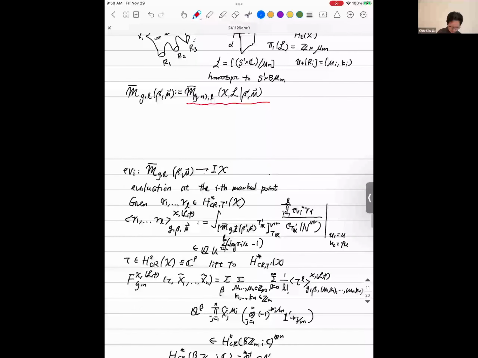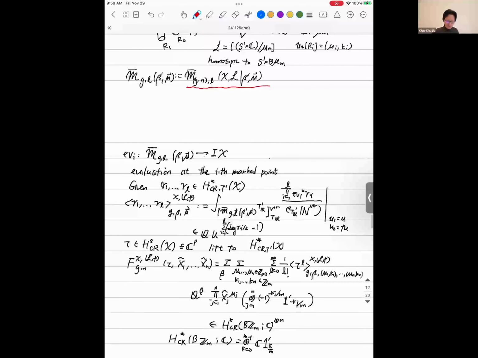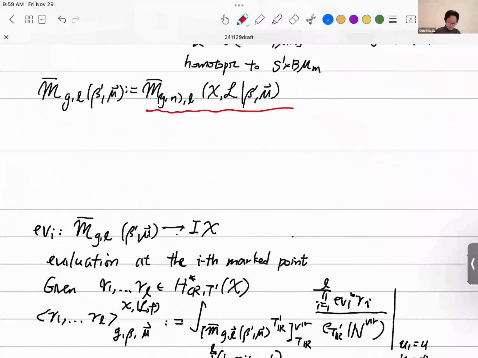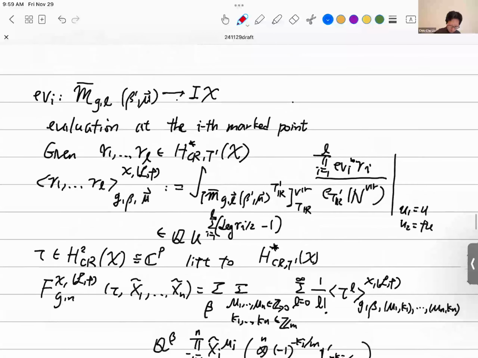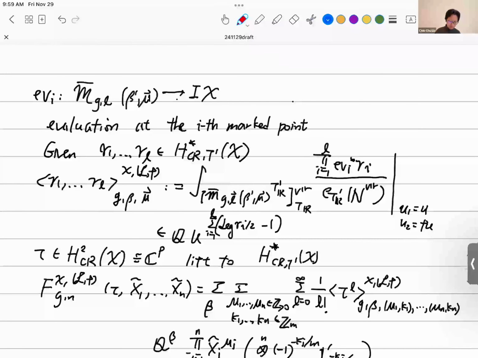Similarly, we can consider the evaluation map at the ith interior mark point. It takes values in the inertia stack.